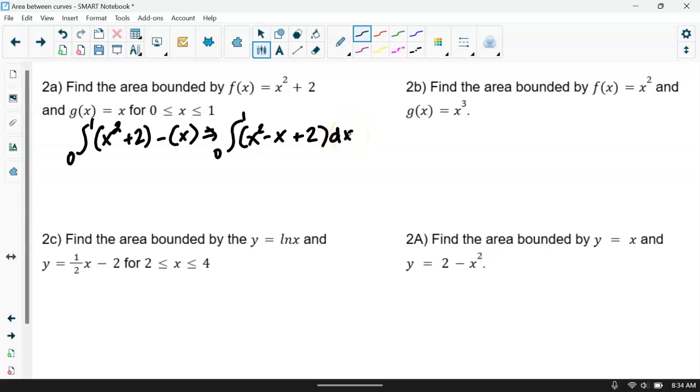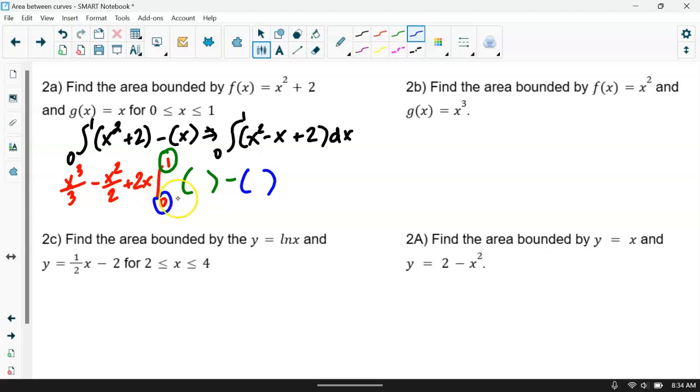So now we'll find the integral, right? So here we've got x to the third divided by 3 minus x squared divided by 2 plus 2x from 0 to 1. So if you need to now, get your calculator or get Desmos Scientific up and substitute. So when you substitute 1 in for x, and then minus, when we substitute 0 for x.